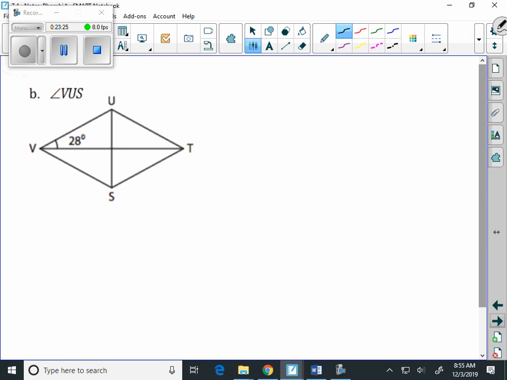Letter B. Figuring out angle VUS. Again, these are rhombuses. And the thing about rhombuses is that diagonals are perpendicular, which means that this value right there is a right angle. So consequently, we know the 28 degrees plus our right angle gives us 118.